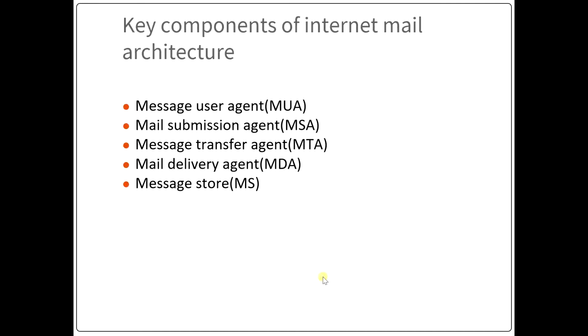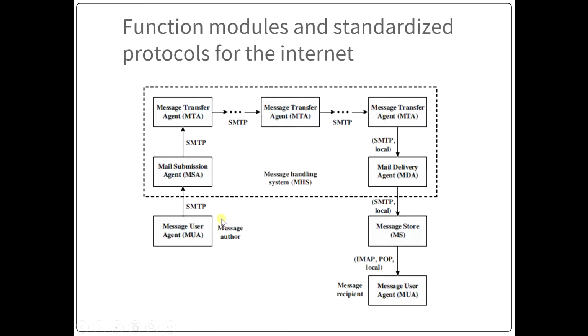The key components include the message user agent, MUA, then the mail submission agent, MSA, the message transfer agent, MTA, the mail delivery agent, MDA, and the message store, MS. Let us look into the functional modules and the standardized protocols for the internet, and also explain those key components.